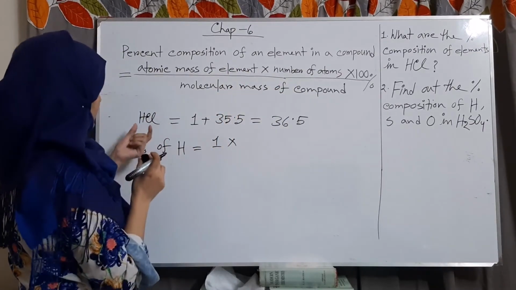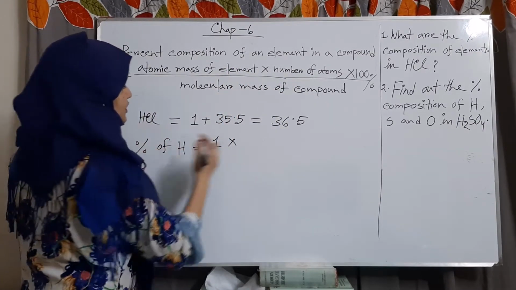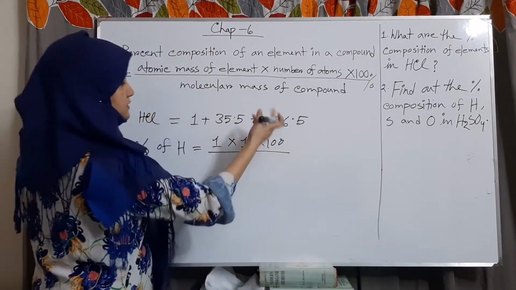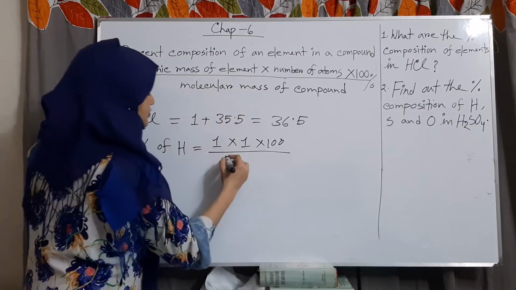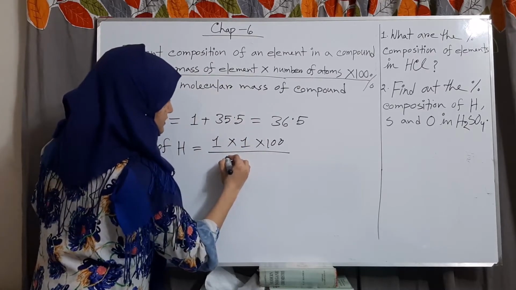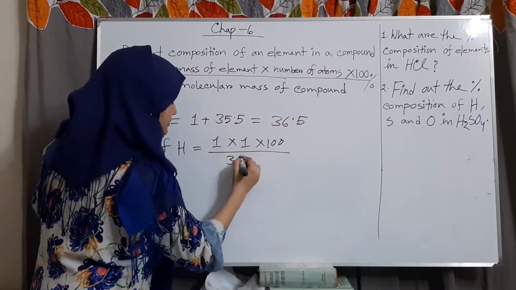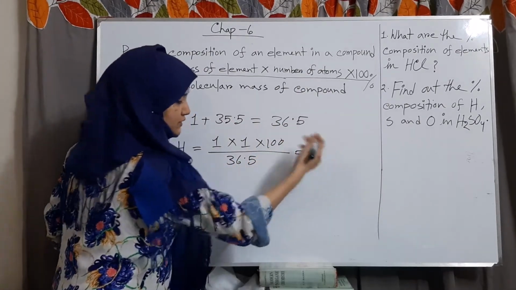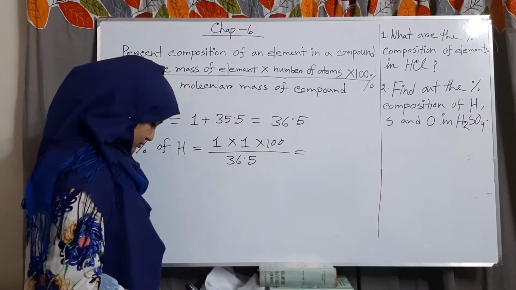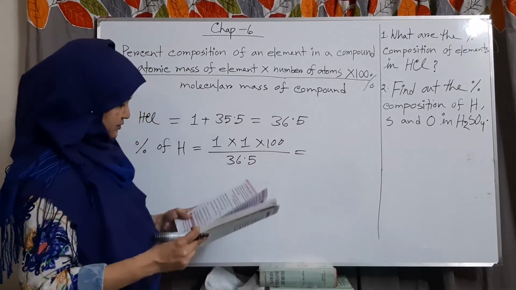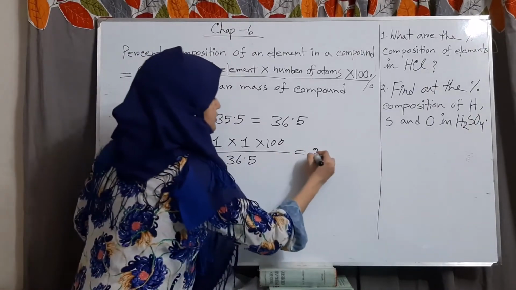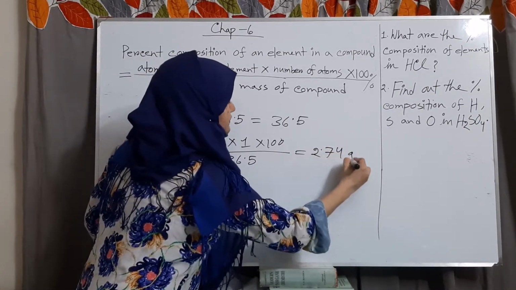The hydrogen atom in HCl is 1, and then multiplied by 100 and divided by the molecular mass of HCl, that means 36.5. You have to calculate it on your own. I am taking from your book. The answer is 2.74 gram.